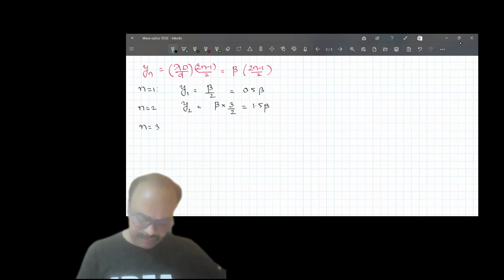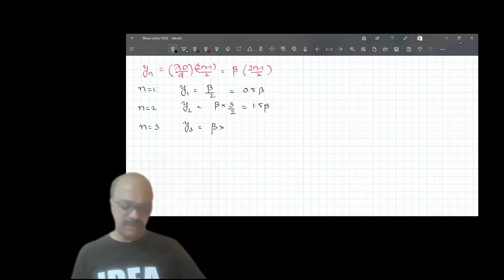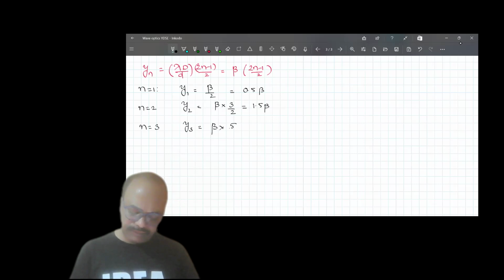Similarly, if n equals 3, y3 is beta into 6 minus 1, which is 5 by 2, that is 2.5 times beta.